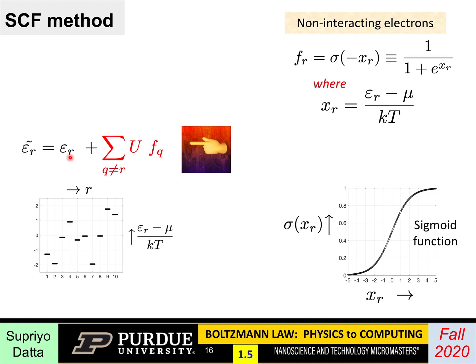The way you think of it is as if each of these energy levels gets raised by an amount that depends on how many levels are filled, because every time there is another electron in some level q, it gives rise to an interaction energy with this rth level, and that interaction energy is U. So you have to add up these effects of all the occupied levels except for itself, because no electron affects itself, it just affects the others.